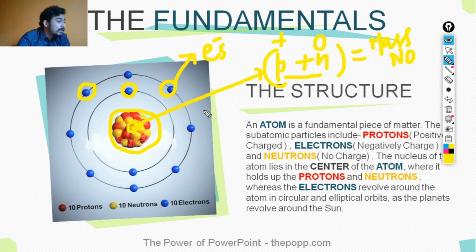Let's revise what we just learned. The nucleus consists of protons and neutrons, which together are called the mass number. Electrons are subatomic particles which are negatively charged and revolve around the nucleus.